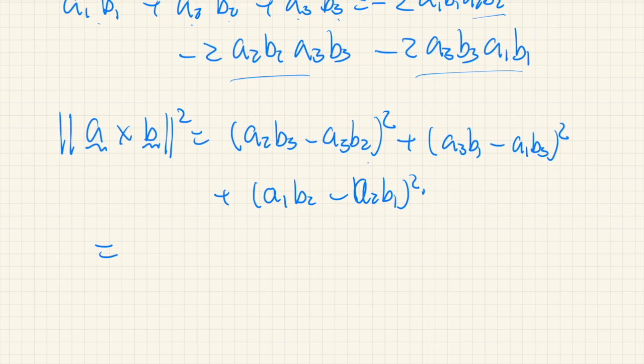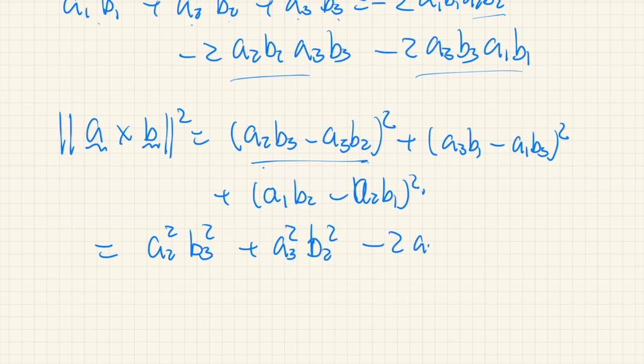We have A2 squared B3 squared plus A3 squared B2 squared minus 2 A2 B3 A3 B2.